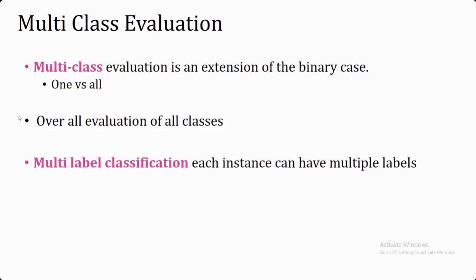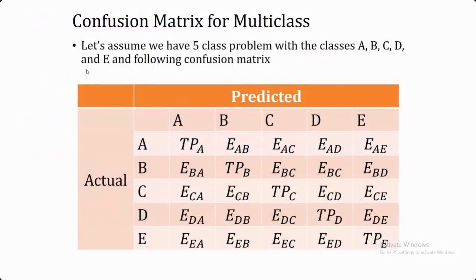Like suppose we are having instance 1, with respect to that instance, we can have multiple labels. Okay. So in today's class, we are going to cover the multi-class case, and how we can quantify the performance in that case, so that we are going to see.